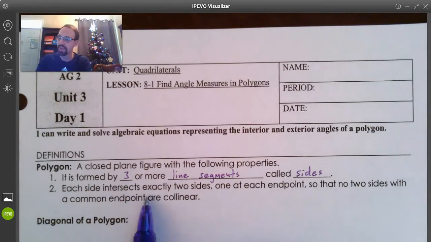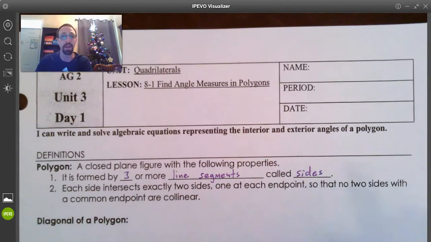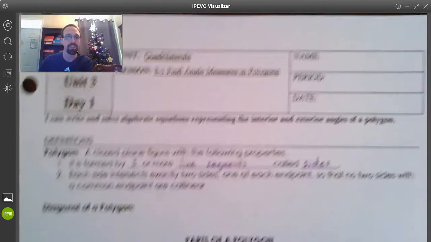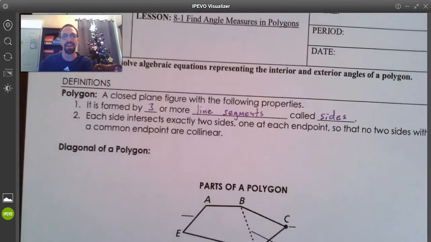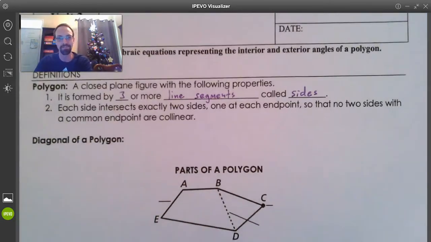Each side intersects exactly 2 sides, one at each endpoint, so that no 2 sides with a common endpoint are collinear. So essentially that means you can't draw a line segment out a little bit, and then draw it out a little bit more, and say that that's 2 different sides.